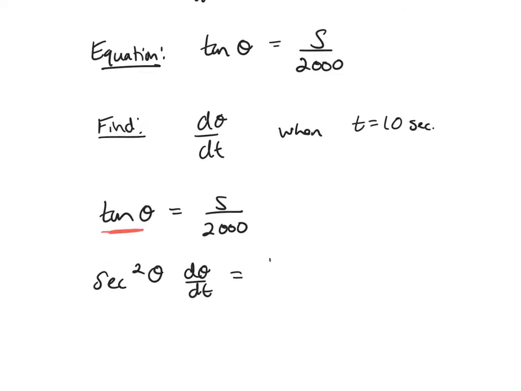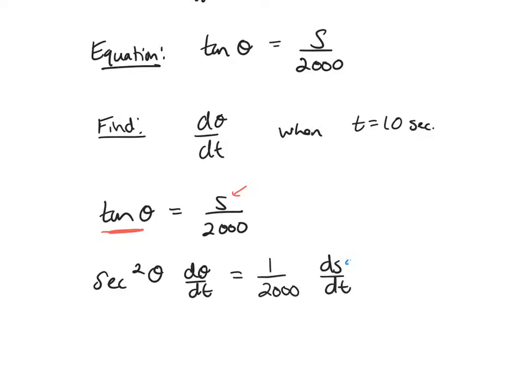And then the 1 over 2,000, and then the derivative of s is just going to be ds/dt.